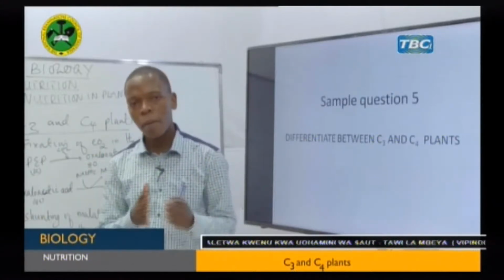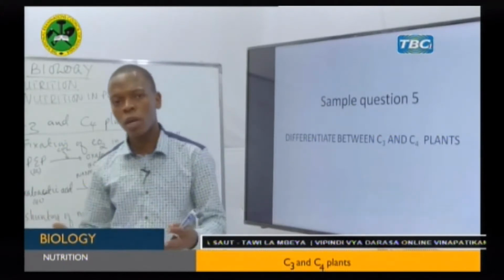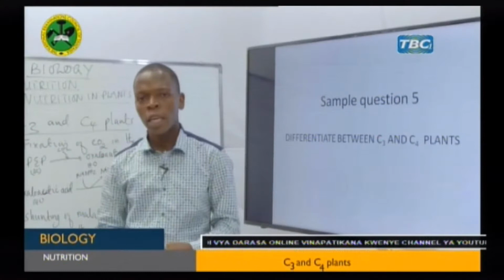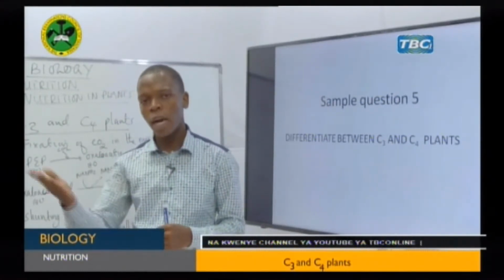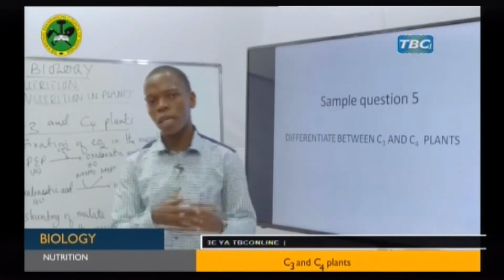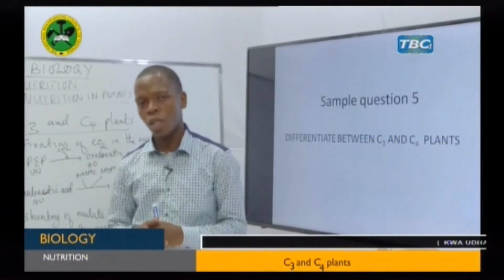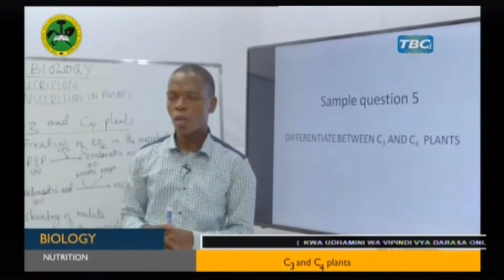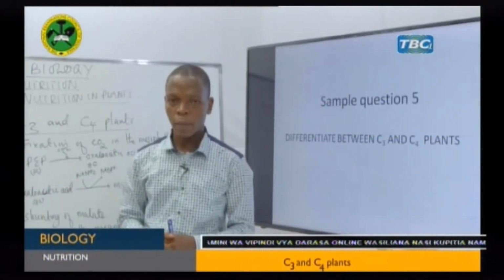Therefore, the representative species is another criterion. You may also use the efficiency of photosynthesis. A C4 plant is highly efficient in photosynthesis, but a C3 plant, because there is a chance of photorespiration occurring, is less efficient. Therefore, there are many criteria that you may use to distinguish between C3 and C4 plants.